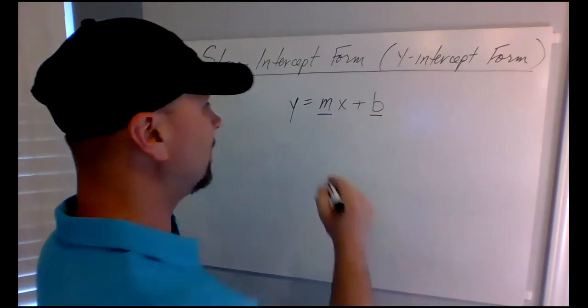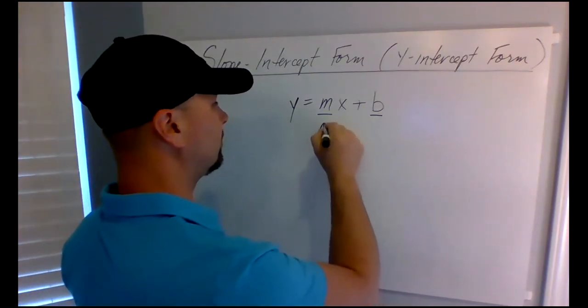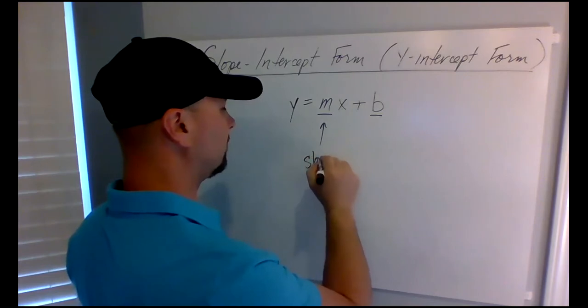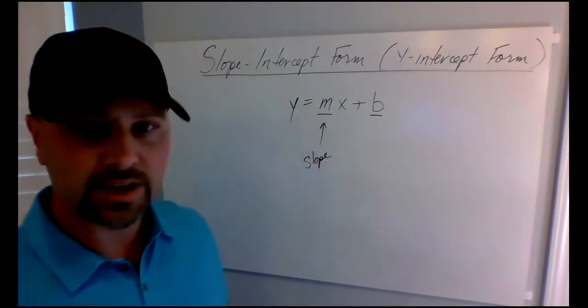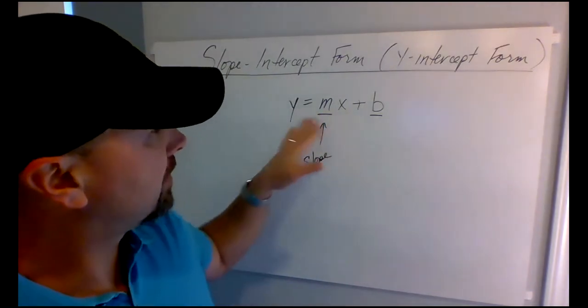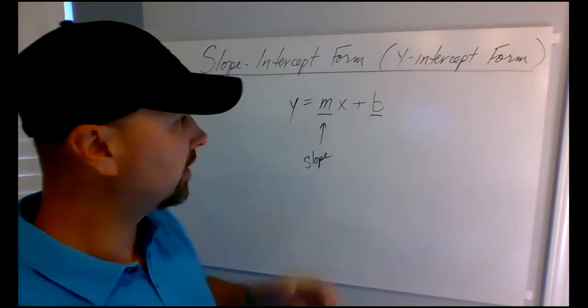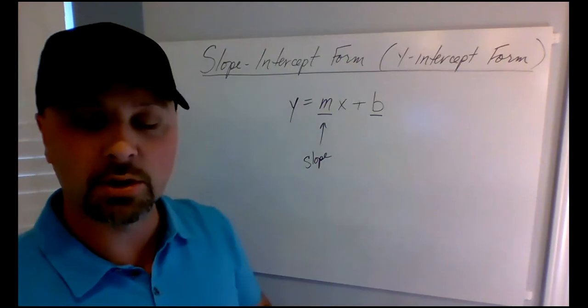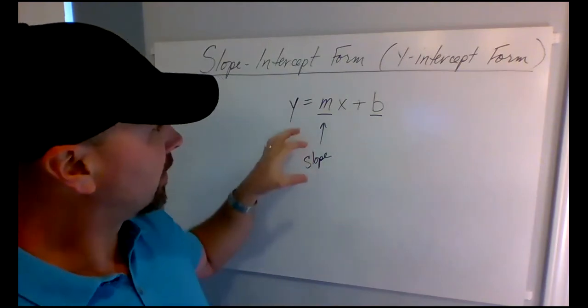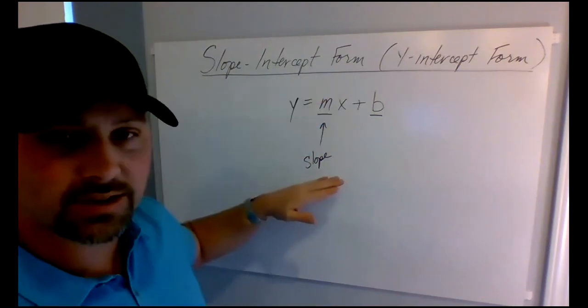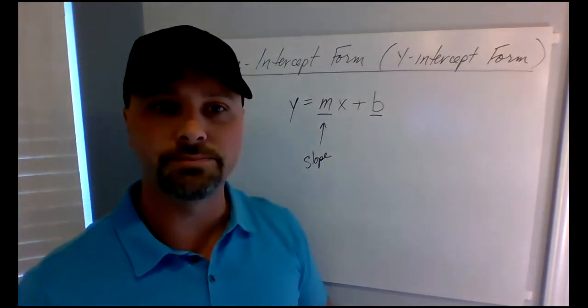Okay, m is the slope, and the slope is going to be attached to the x in the slope-intercept form. So the number that's attached to the x is the slope of the line.